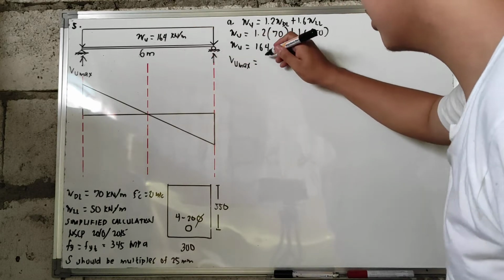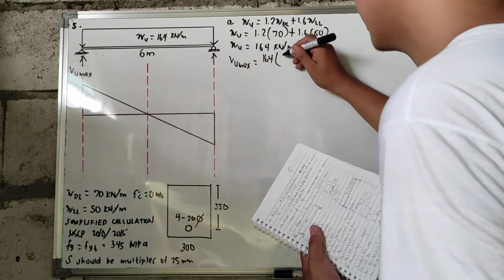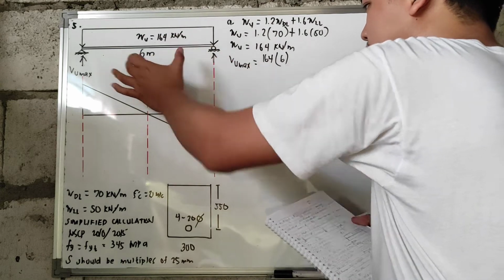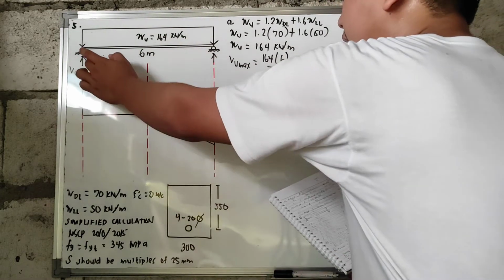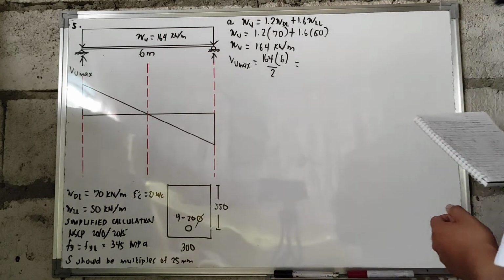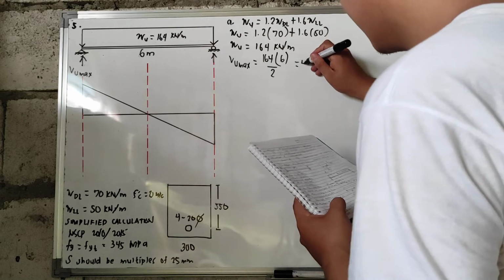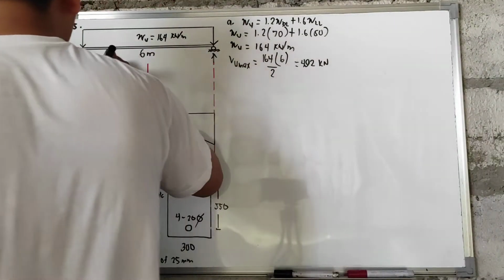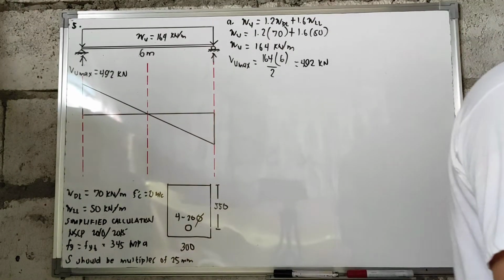So, that is W, i-multiply natin siya dun sa 6 para maging kilonewton o para maging force. And then, i-divide natin siya by 2, kasi paghahatiin siya ng dalawang support. So, you have a value of 492 kilonewton.